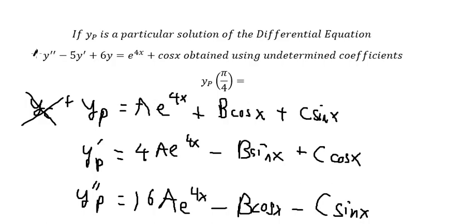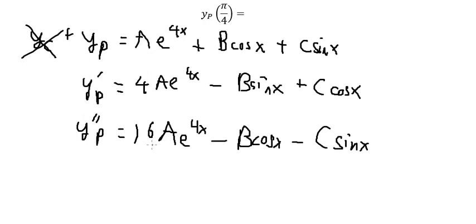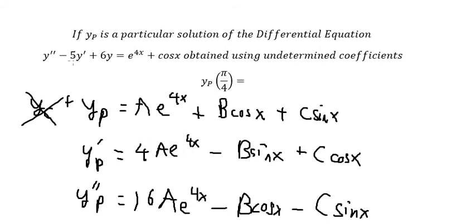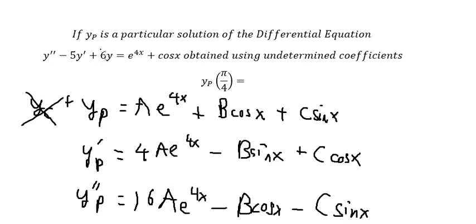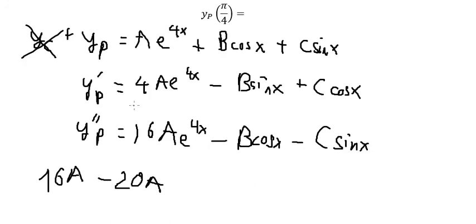So this one is number 1. So 1 with 16A, we keep 16A in here. First derivative, we have negative number 5, but we have number 4 in here. Number 4 with negative 5, we have negative 20A. This one we have number 6, and we have A in here. 6 with A, we have 6A.